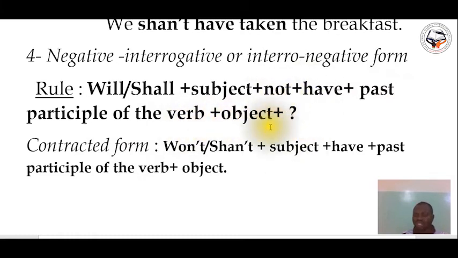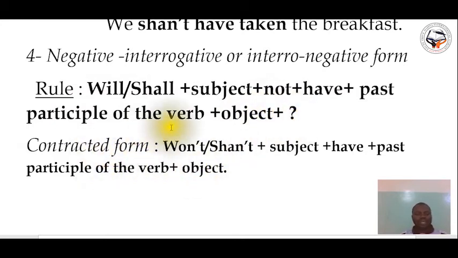Do not forget, it is interrogative, so do not forget the question mark here.